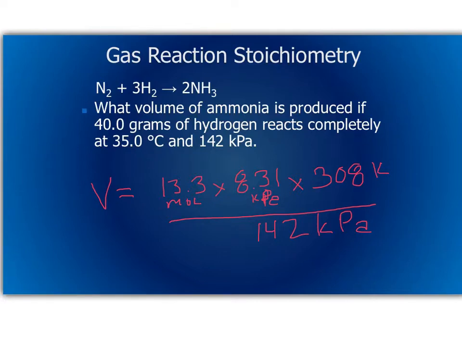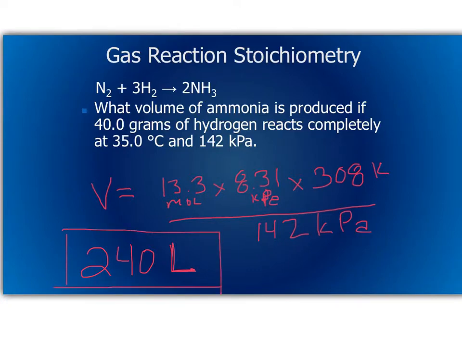If you do all the math right, you should get 240 liters, because 8.31 is 8.31 kPa liters divided by mole kelvin. So 240 liters, right? If you got that so far, then that's great. If not, go back and check your math or how we did the problem.